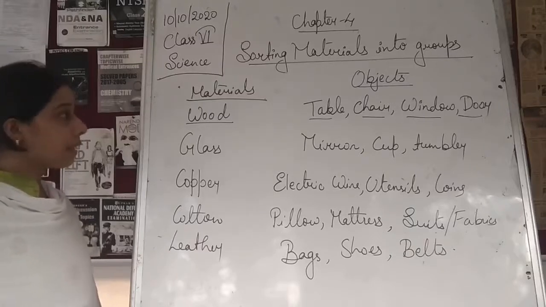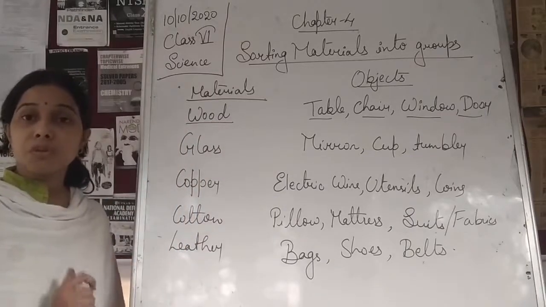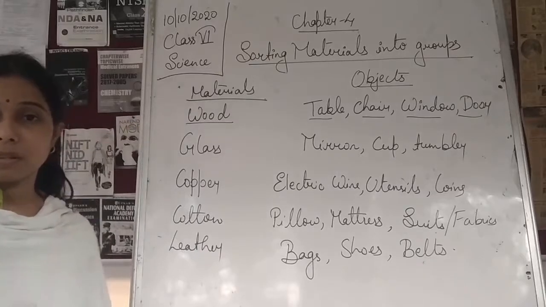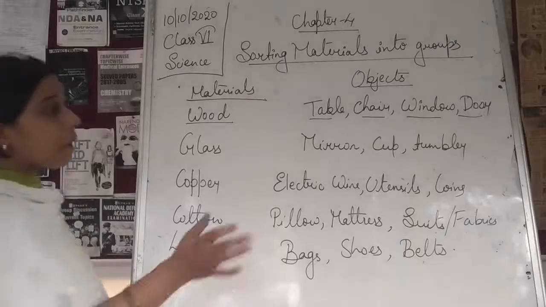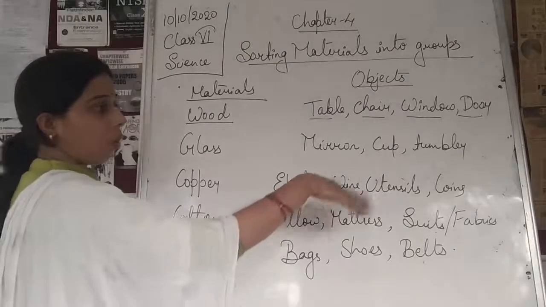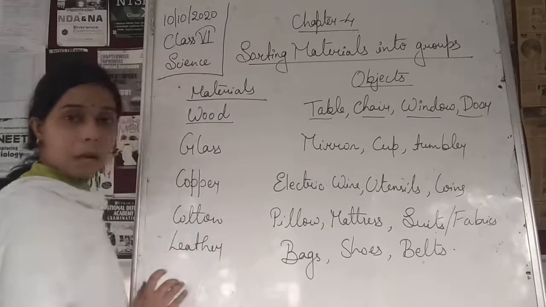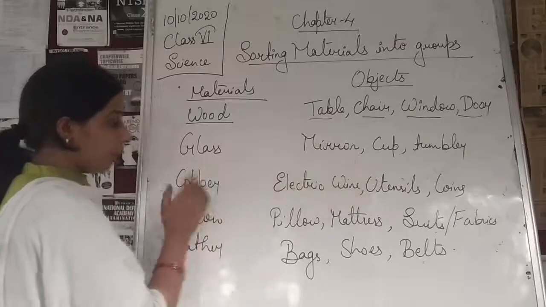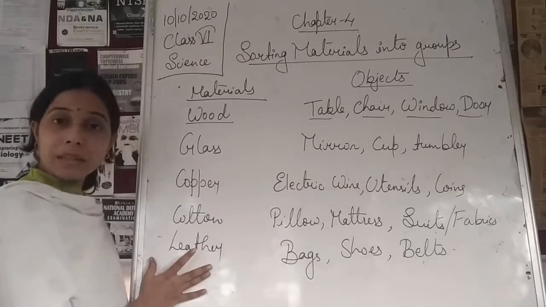Here we will say that one material can be used to make many different kinds of objects. All these are different objects, and they all are made up of only one type of material.